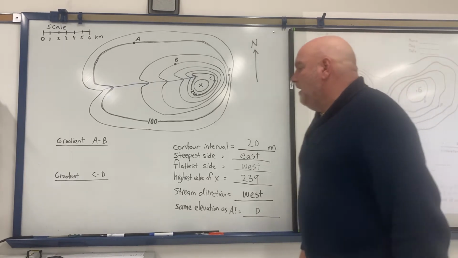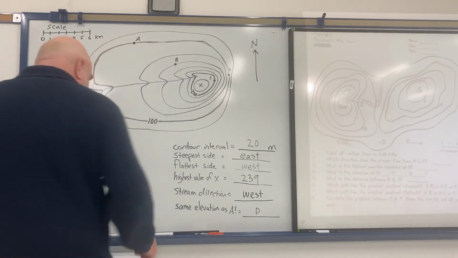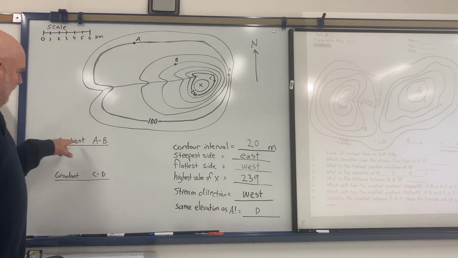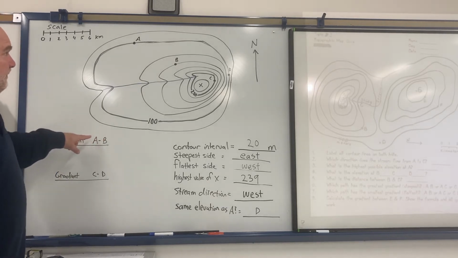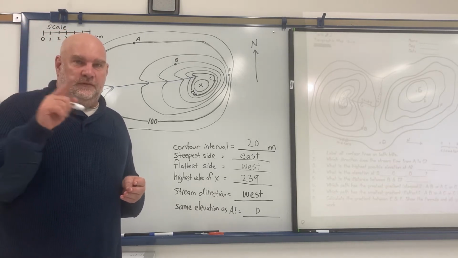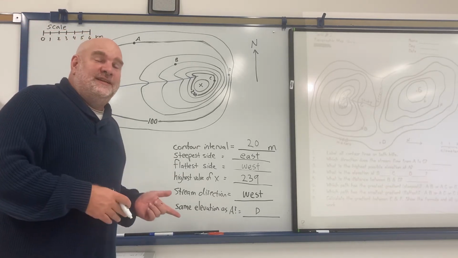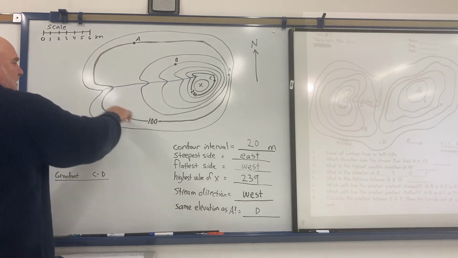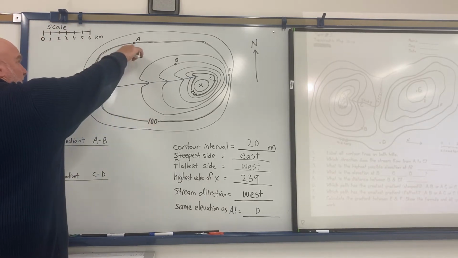All right. Now another thing you could do with maps like this, quite frequently, is calculate gradient. So let's say I want to find the gradient from A to B. The formula for gradient, again, is change in field value on top over distance on the bottom. So A has a value of 100.